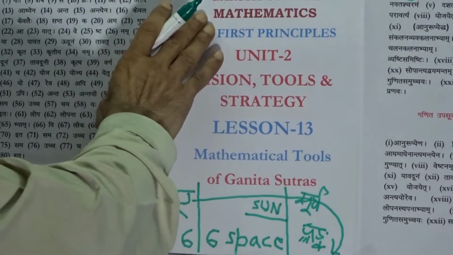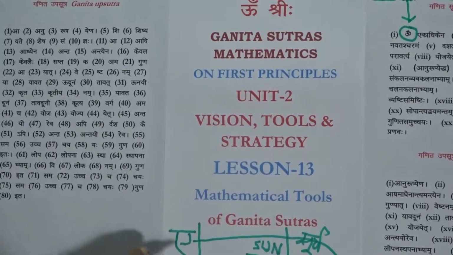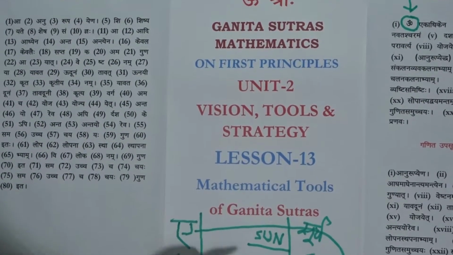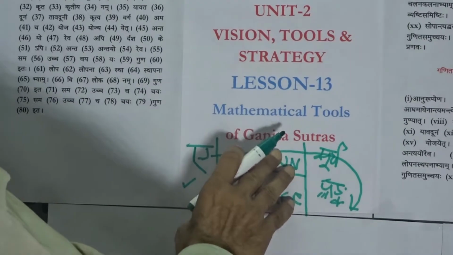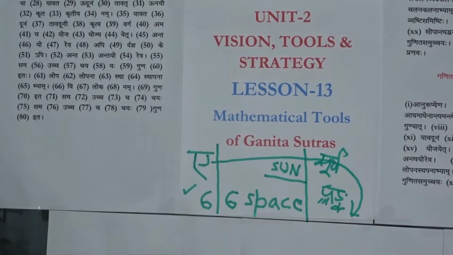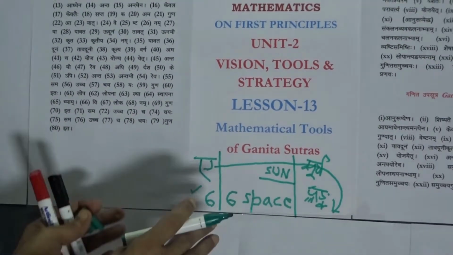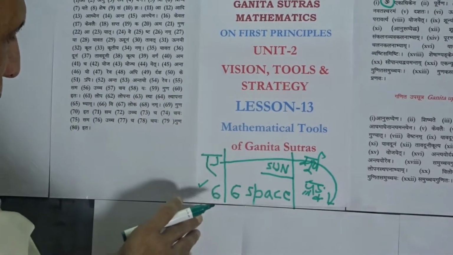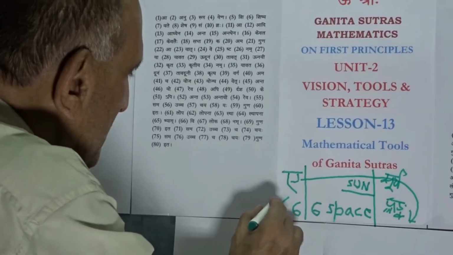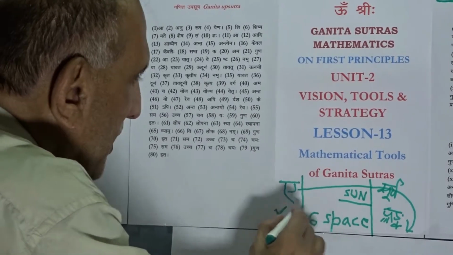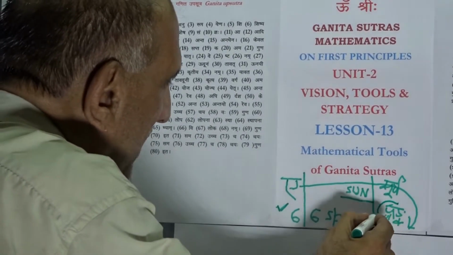Ganita Sutras mathematics vision is the vision of the order of 6-space, the order of the sun of our solar universe. And for this vision, we see that value 6 is leading us to a Ank, a Surya Ank.